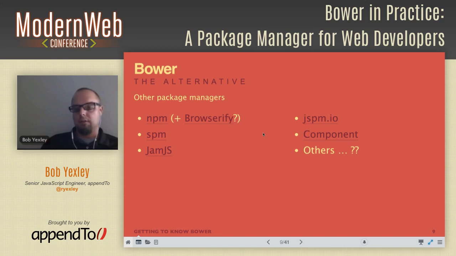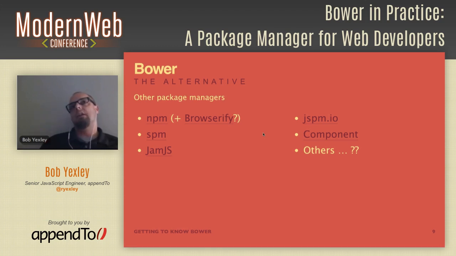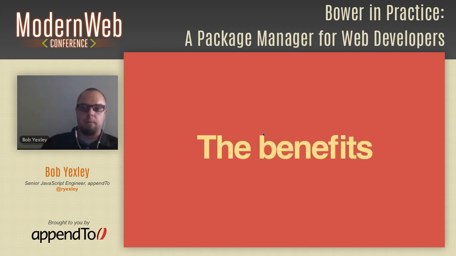So there's alternatives, but Bower is the one that has been, in my experience anyway, the most widely adopted, the most active community around it. And from what I've seen, by far the most, I almost did say Bower, didn't I? By far the most number of packages available for it. So it makes it a popular package manager for the web.